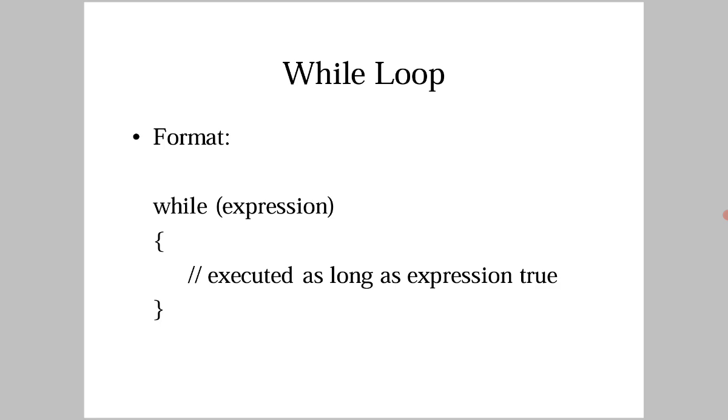If the given expression or test case is true, then the set of statements in the loop will be executed. So this loop will be executed as long as the given expression is true.